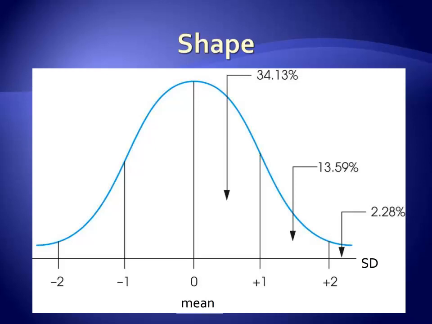The importance of this assumption is that if all continuous variables are normally distributed, then just by knowing the mean and standard deviation of the distribution, we can predict where most of the scores in the distribution will lie. As shown in this graphic, 34.13% of the scores in a distribution lie within one standard deviation above or below the mean.